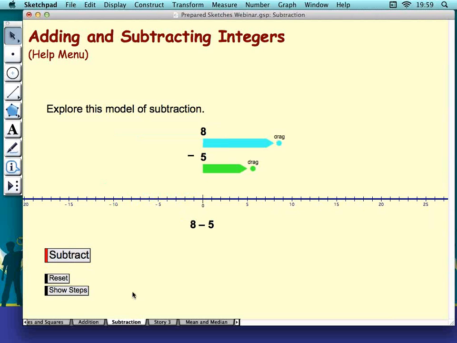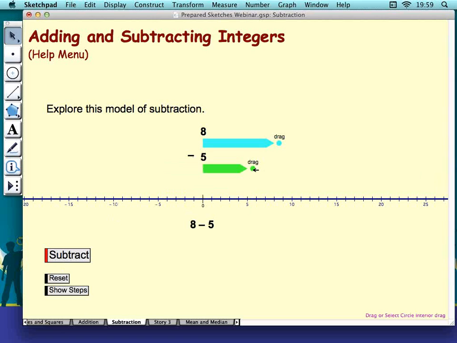The visualization that goes with subtraction is a little different, because when we subtract, we have to take the number we're going to subtract and flip it to go in the opposite direction. So we get to see here what happens when we subtract a positive value.